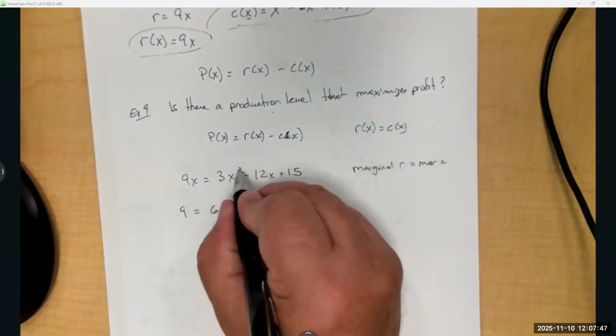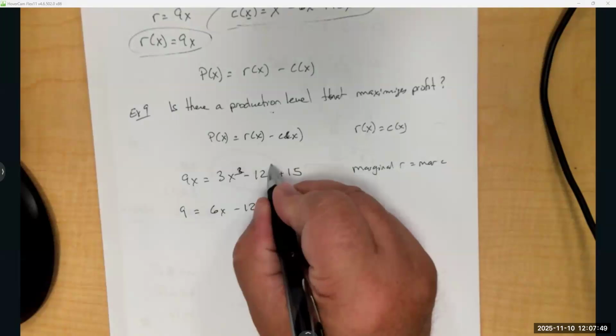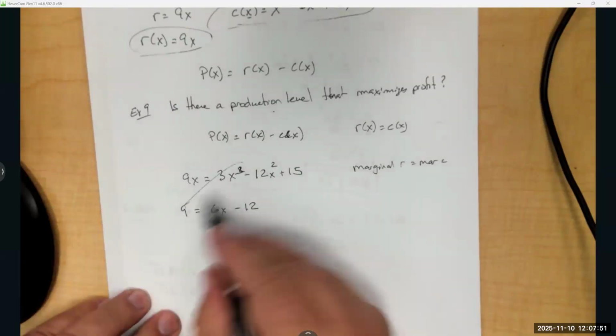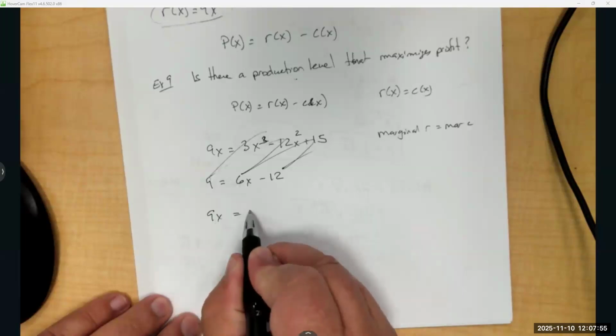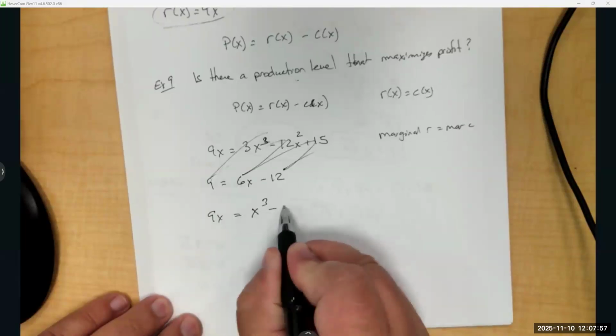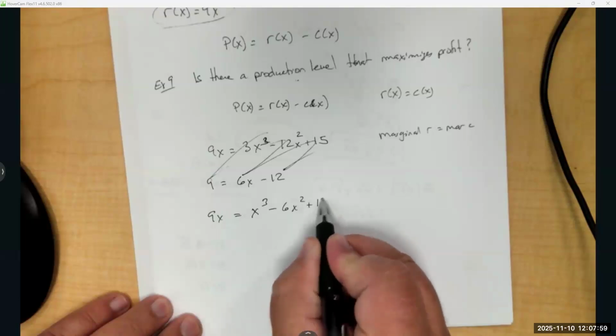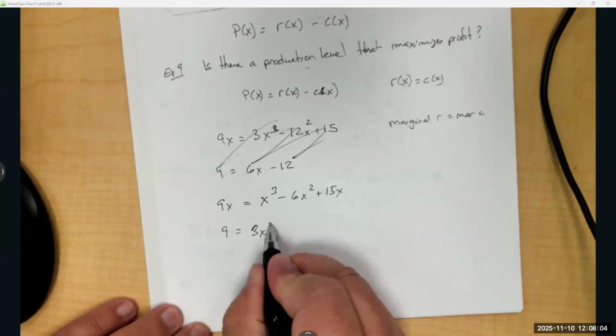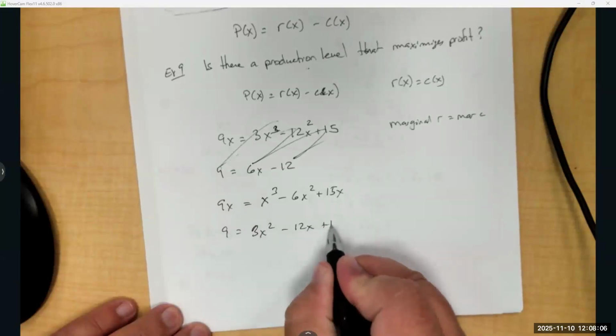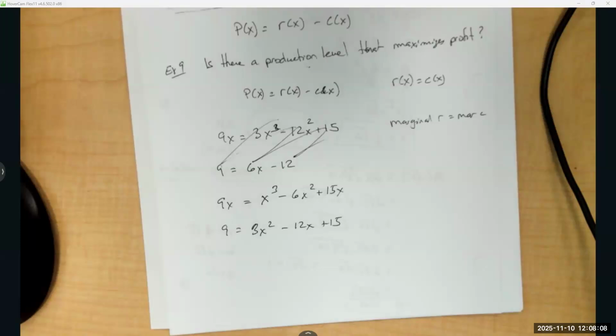It was x cubed, 12x. I'm sorry, I was looking at the wrong piece. 9x equals x cubed minus 6x squared plus 15x. So 9 equals 3x squared minus 12x plus 15. Now it's quadratic.